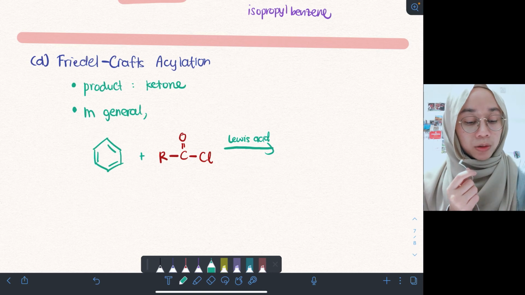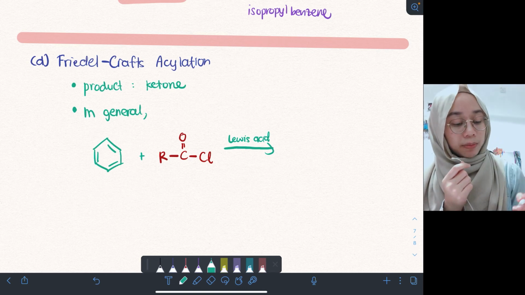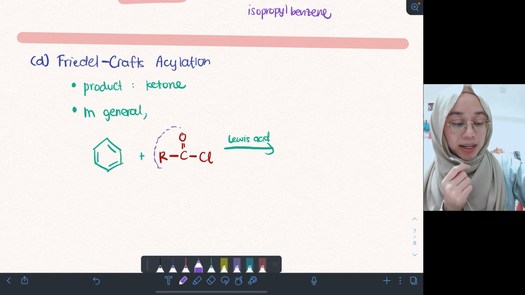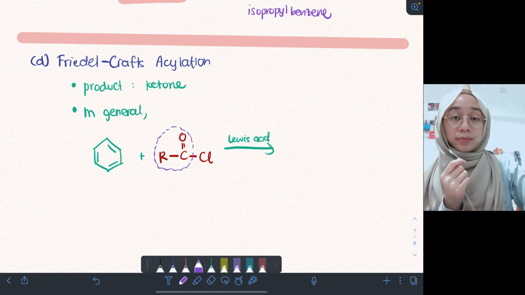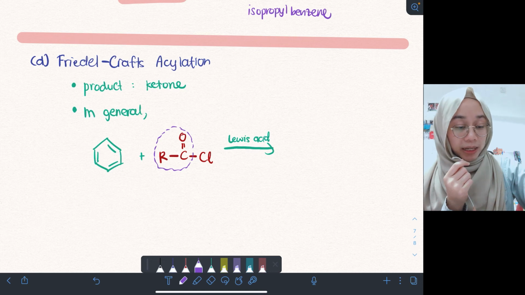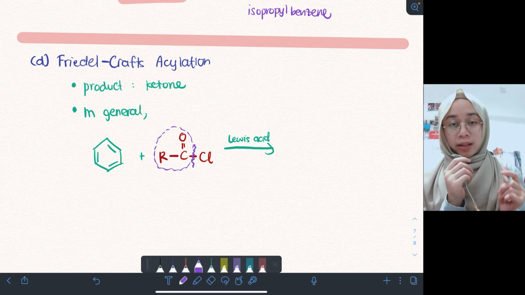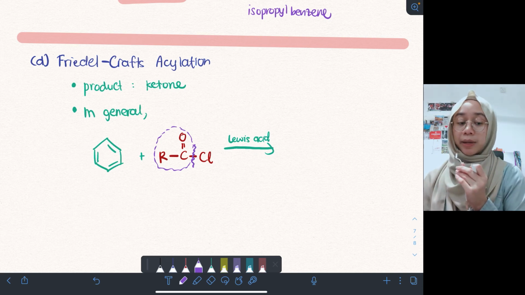Okay, so now the part yang akan masuk dalam kita punya yang akan ganti H tu nanti adalah this part here. Okay, so bahagian ni yang putus kan. So C yang putus dengan Cl tu, itulah nanti yang akan attach dengan benzene ring.